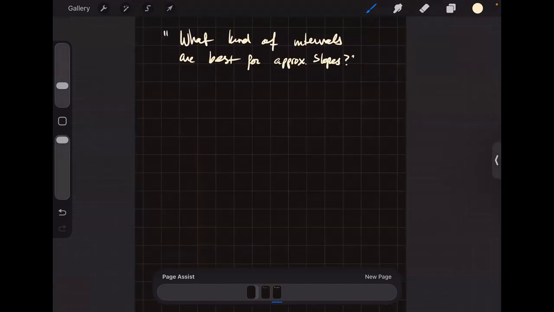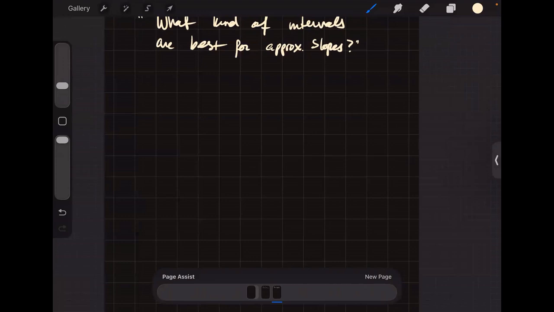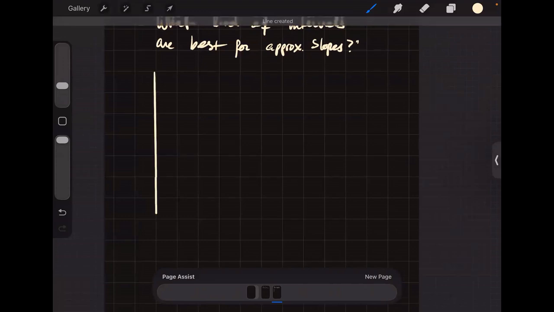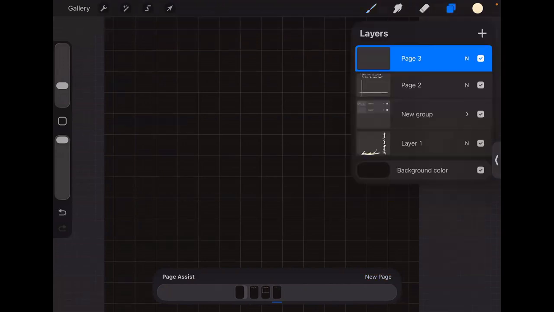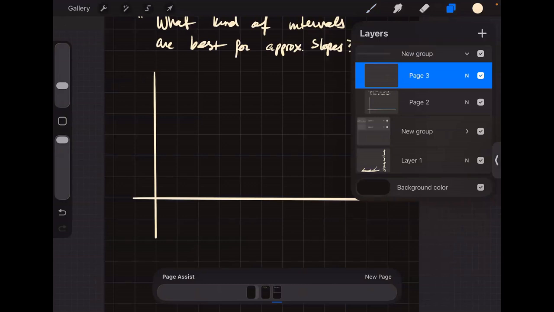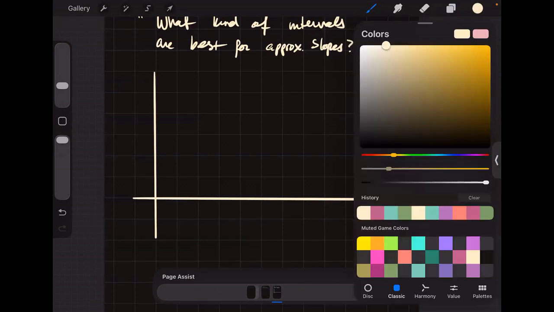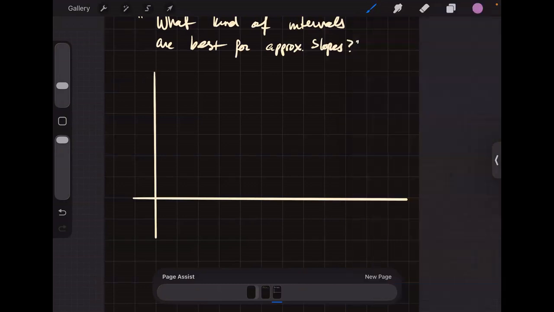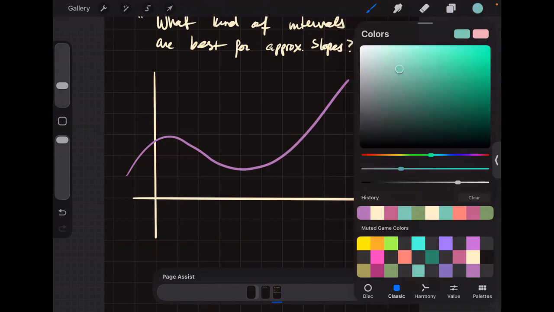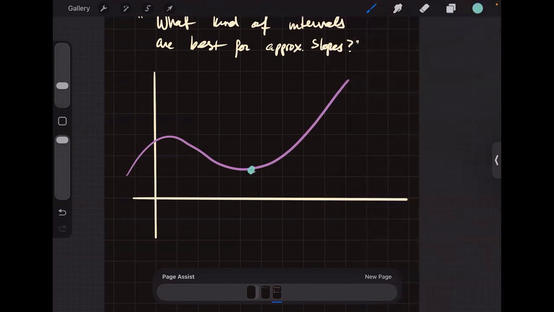I'll give you a slightly different function this time, just so we can see it more visually. Let's say this is our function, and it looks a little bit like that, and you want to find the slope at this point.